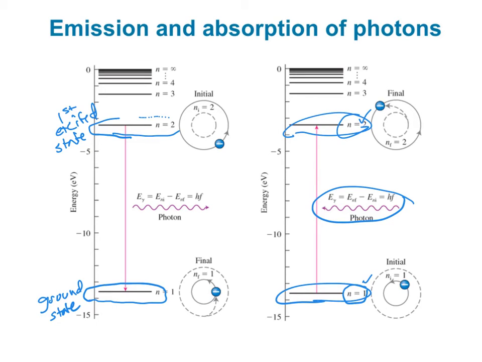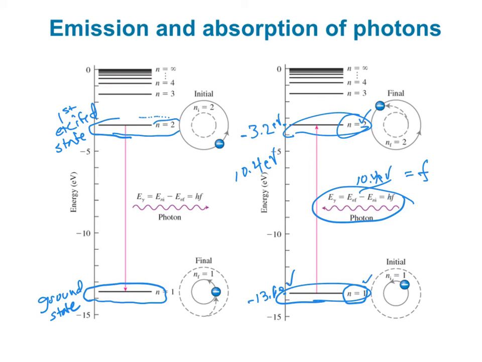If you notice, this is about negative 13.6 electron volts right here, and this is about negative 3.2 electron volts right here. So it would have to be a 10.4 electron volt photon. So this has to be 10.4 eV, and divide by the Planck constant, and you'll get the frequency of that photon. So there's a very specific wavelength and frequency of photon that needs to be absorbed by that atom in order to make that specific jump.